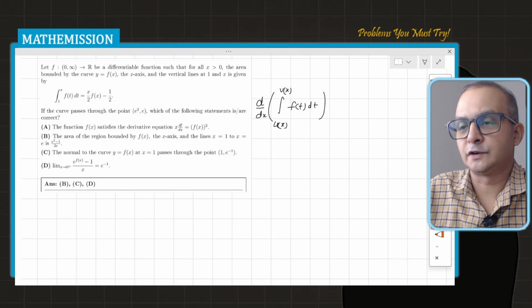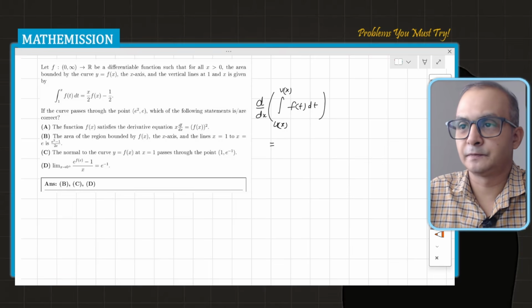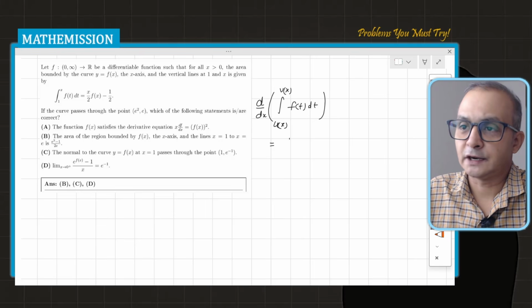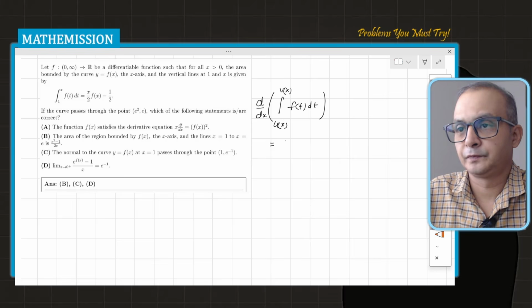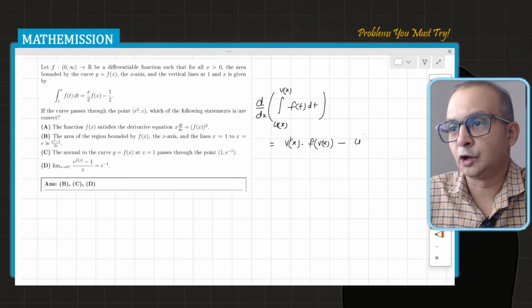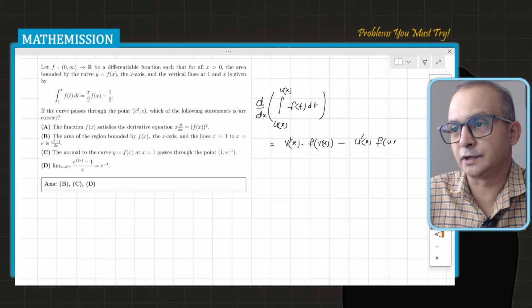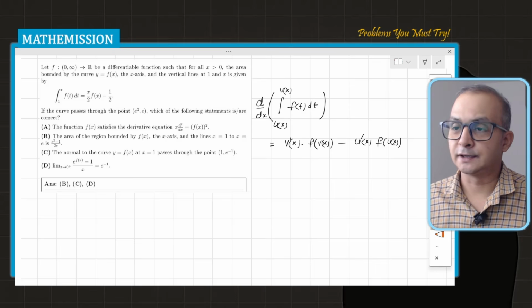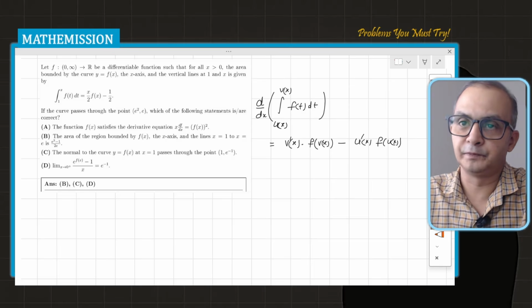If you want to differentiate it, you will get the derivative of the upper limit, that is v'(x), times the value of the function at the upper bound, minus the derivative of the lower bound times the value at the lower bound, that is u(x). This difference gives you the differentiation of this whole thing.